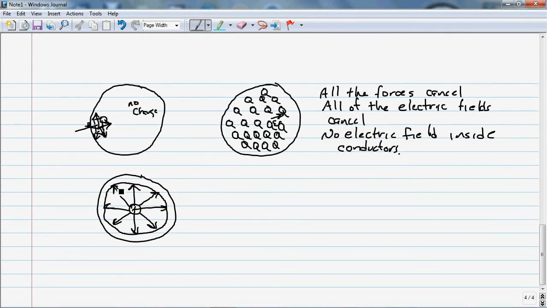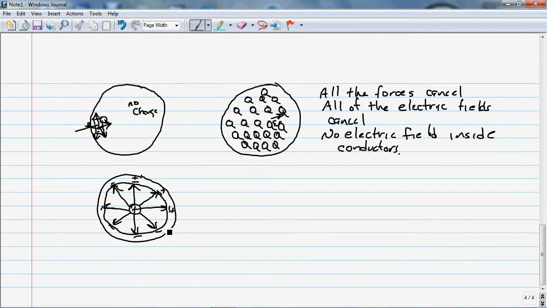And so when the electric field gets to this surface, it's going to attract negative charges. And it's going to repel positive charges.